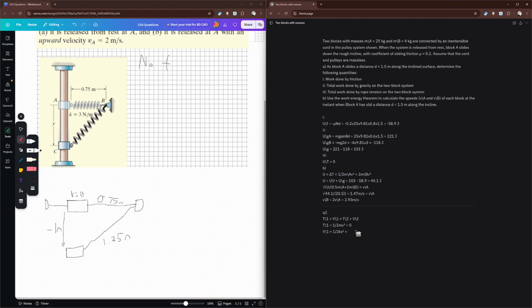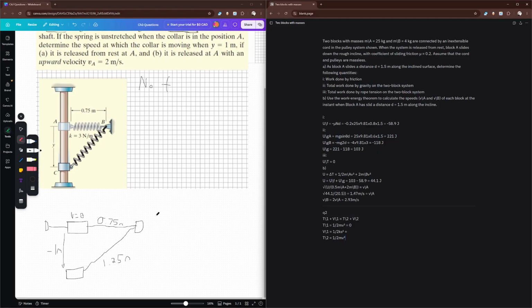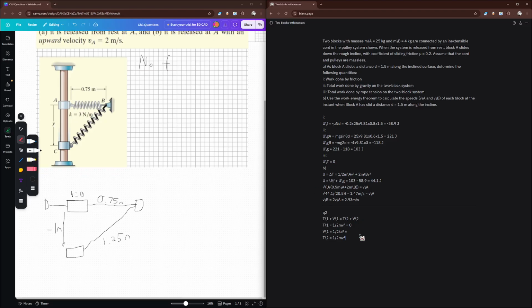So T2 is equal to half mv squared again. So we're solving for this v here, right? Assuming v not equals 0. And then v2 is equal to, again, mgh plus half ks squared.